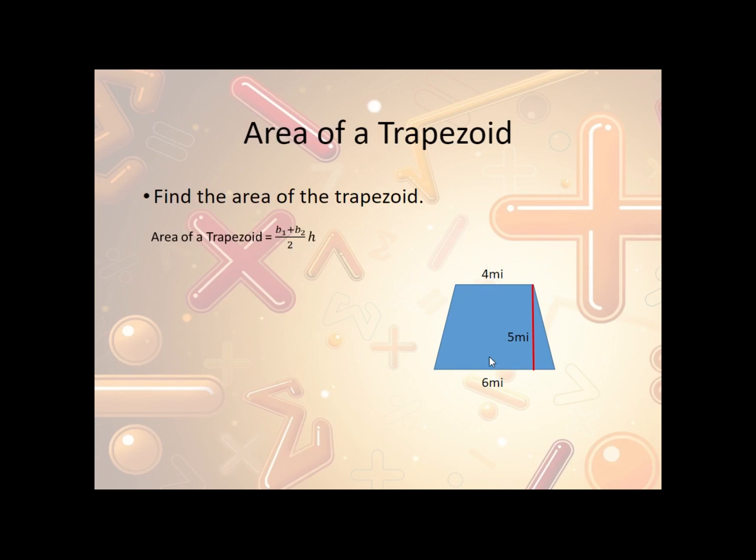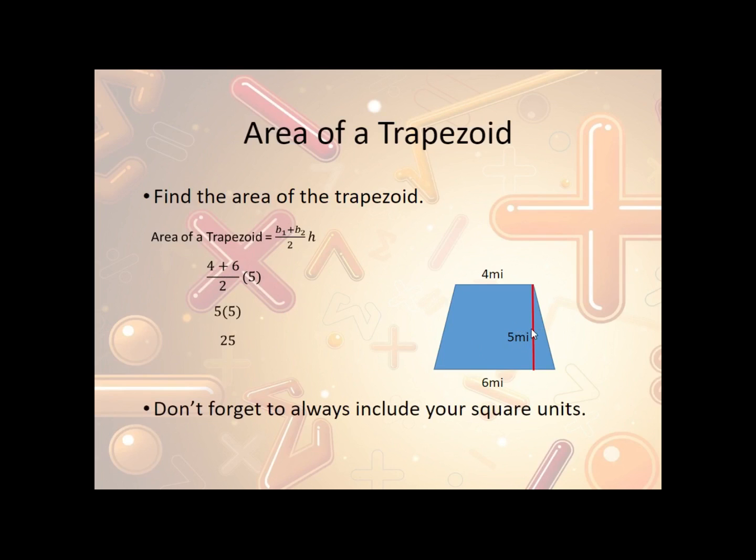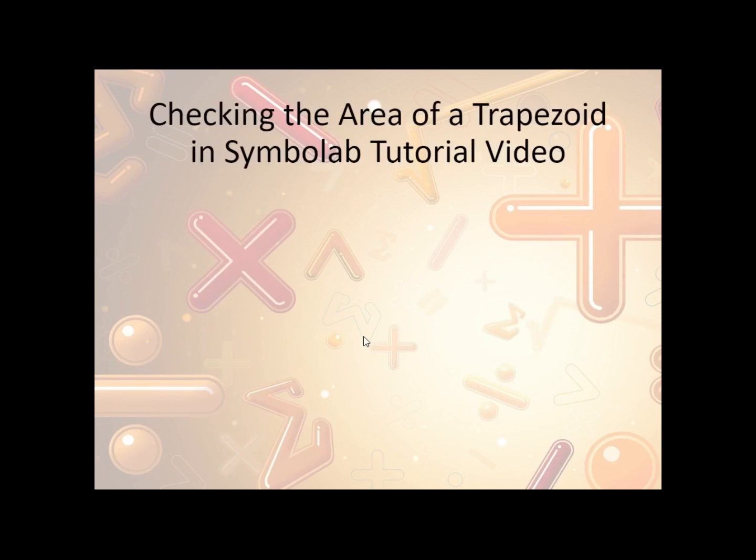So I would add 4 plus 6 over 2 times the height, which is 5. Well, 4 plus 6 is 10, divided by 2 is 5, and then 5 times 5 is 25. So my answer would be 25. Now, don't forget your units. It's in miles, so it'll be miles, and then it's the area, so it'll be miles squared. So this is 25 miles squared.